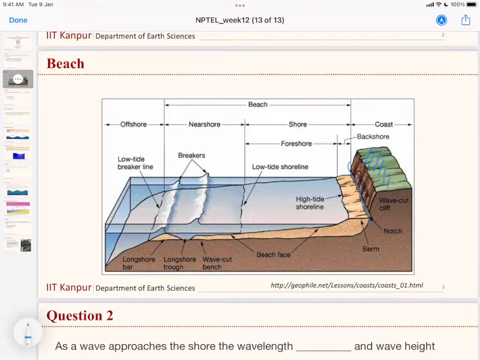If we move forward, the region from the high tidal shoreline to the low tidal shoreline, which is present over here, is called a foreshore.